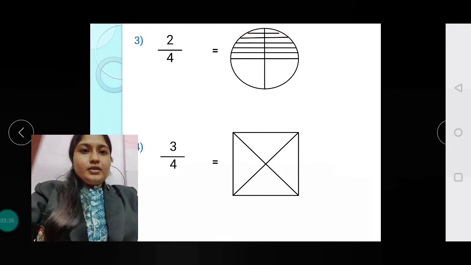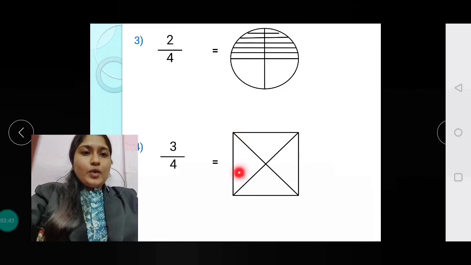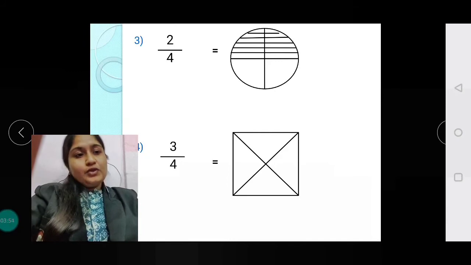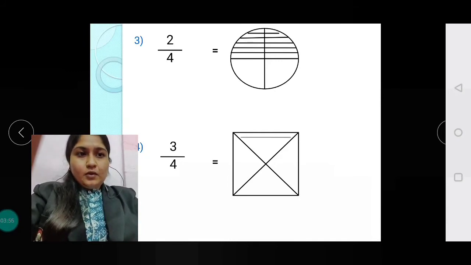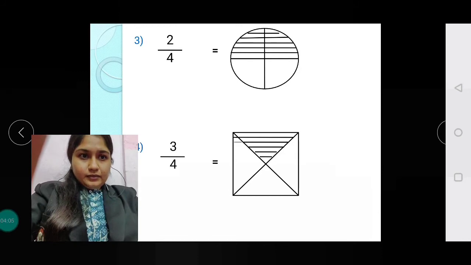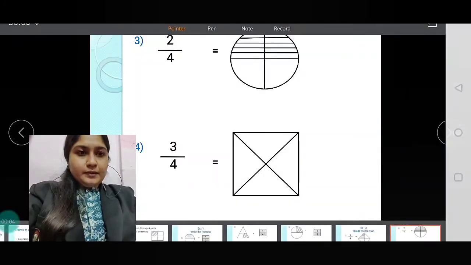Okay, now the fourth one. See, the fourth one is 3 by 4. Okay, so now this square is divided into 4 parts. Okay, see, 1, 2, 3, 4. So हमें क्या करना है? 3 parts को shade करना है. So let us shade. Okay, like this we will shade.